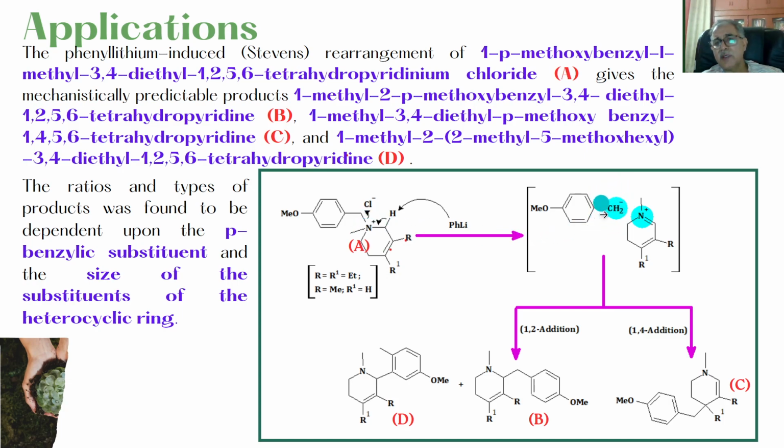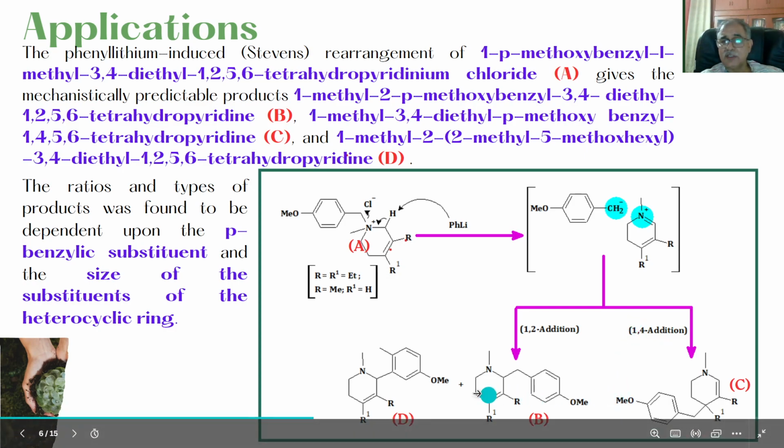So we now have an anion-cation pair which is formed. Then this anion-cation pair can undergo either 1,2 addition or 1,4 addition to give us these three products. 1,2 addition can take place in two ways.